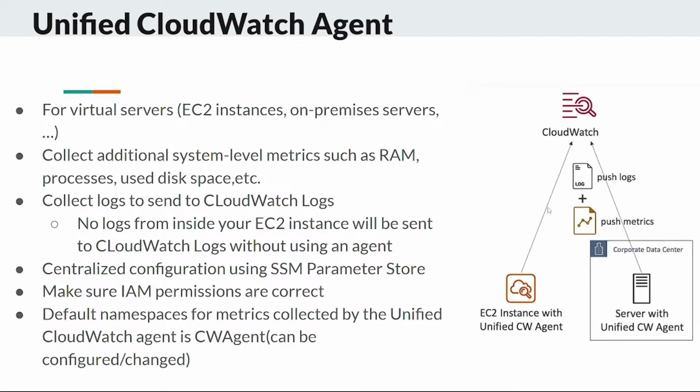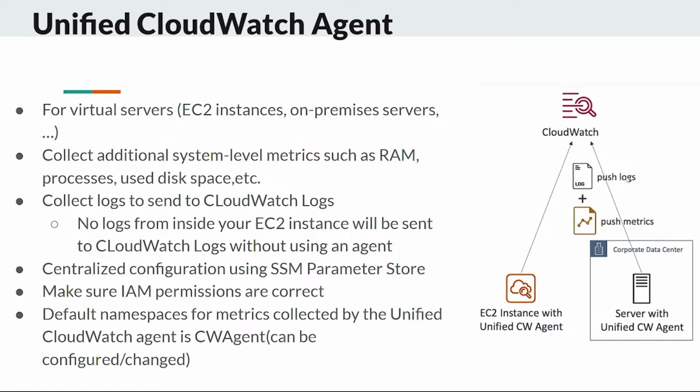This is the figure that shows you how you can use your CloudWatch. You can send your metrics, or you can check your metrics in CloudWatch using CloudWatch agents. This is CloudWatch and an EC2 instance which is unified with the CW agent.